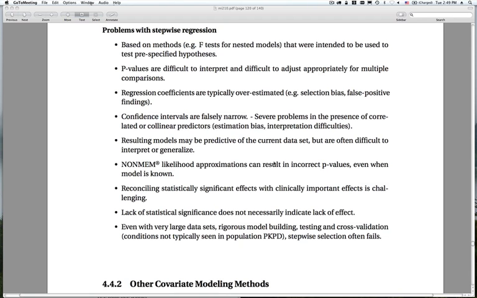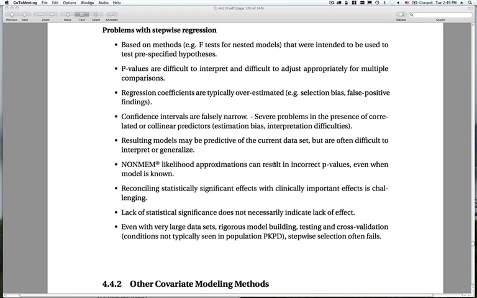The other problem that we run into is that the regression coefficients are typically overestimated. When we're deriving the selection of covariates based on the data, there's a higher chance of a false positive finding or selection bias, so that those effects that by random chance appear to be related will be selected. And in that case, their coefficient would be overestimated.